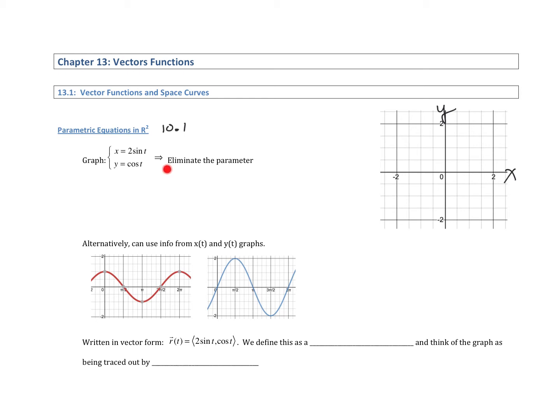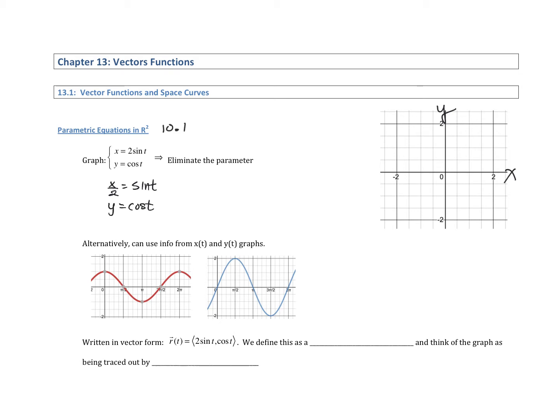And in eliminating the parameter, there are lots of different ways. It depends on what our equations look like, so you might want to go back and review that. In one like this that has a sine and a cosine, typically what we're going to do is isolate the sine and the cosine. So that first equation could be x over 2 equals sine of t, and y equals cosine of t.